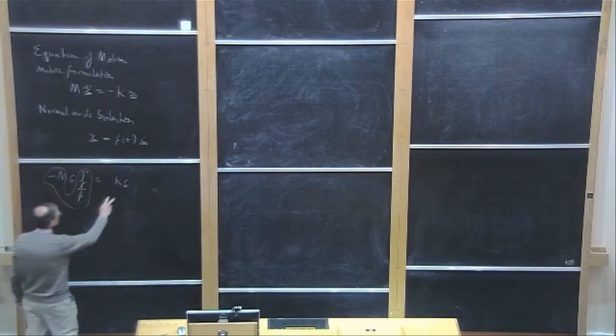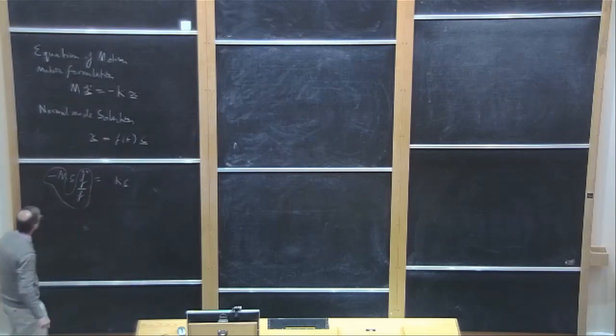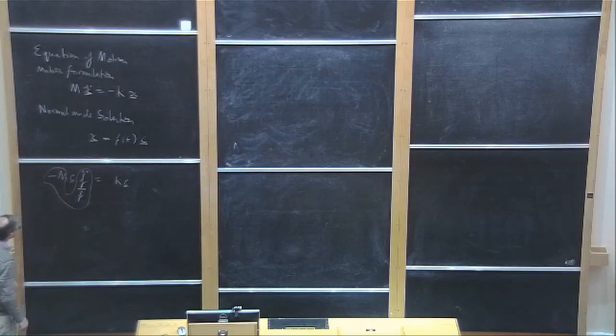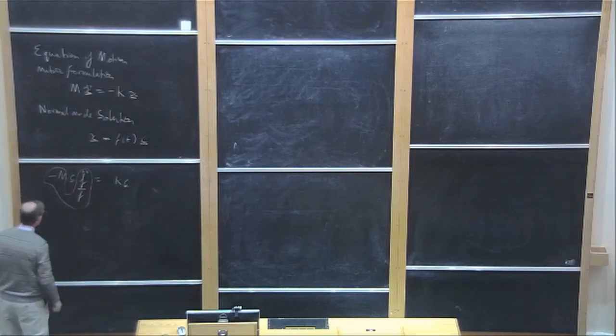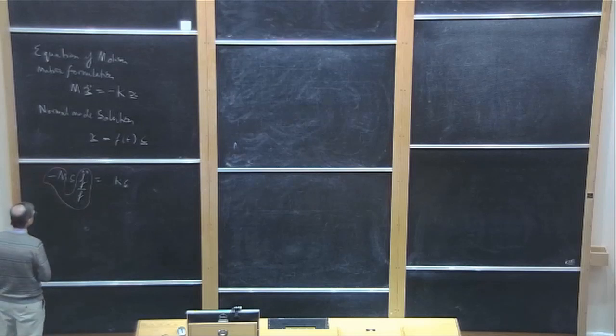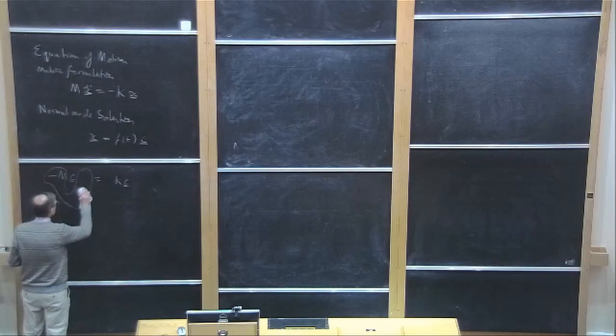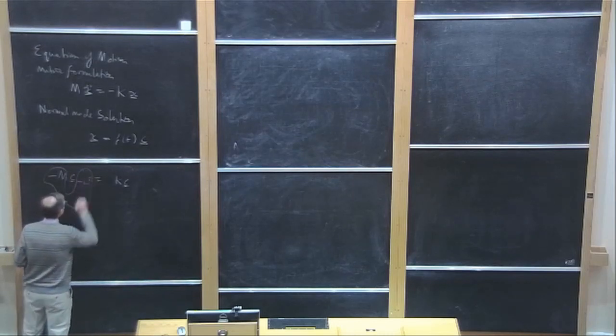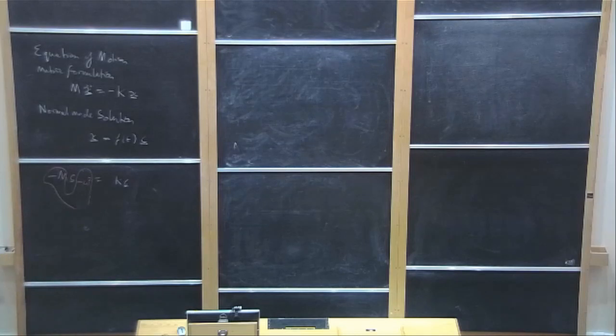This side is time independent, so this side had better be time independent. So that divided by that had better be some time independent constant, which you might want to call minus omega squared. The reason for giving it a minus sign is because we expect oscillatory solutions, not exponential solutions.